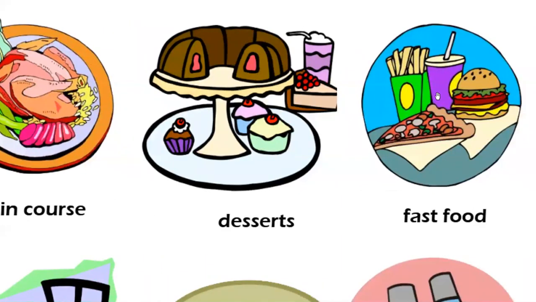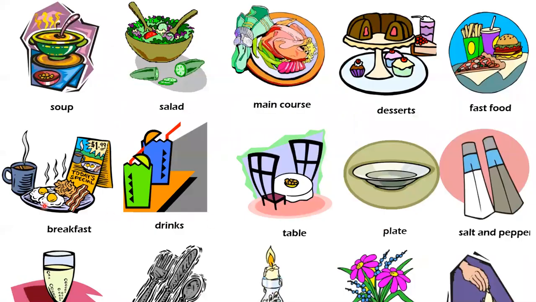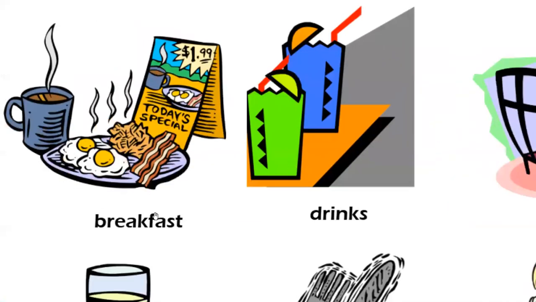Then we have a type of food that is fast food, like hamburgers and pizza and tacos here in Mexico. This is fast food, that it's prepared quickly. Then we have this type of meal that is a breakfast, that is what you eat normally at the beginning of the day, like some eggs with bacon and coffee.